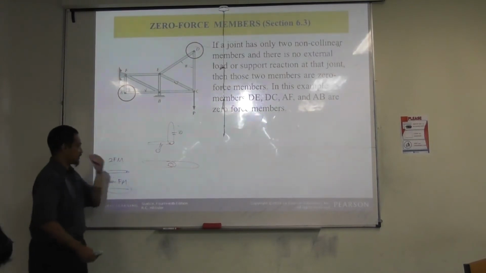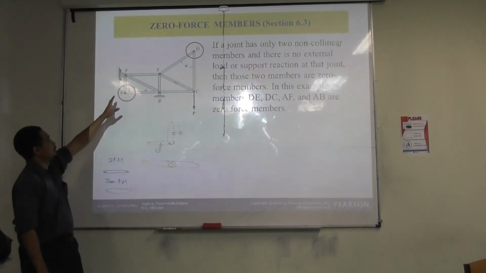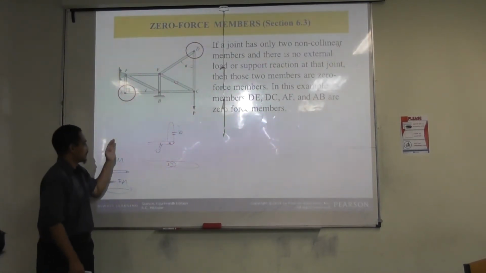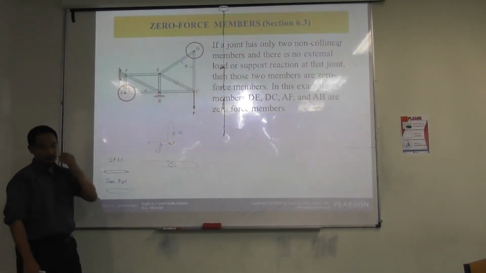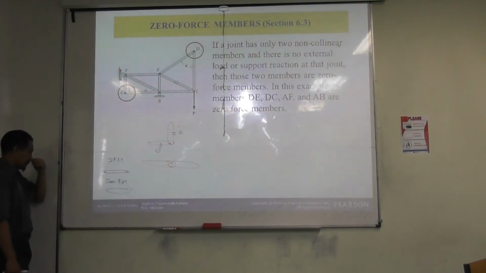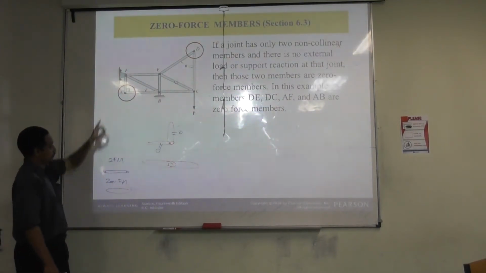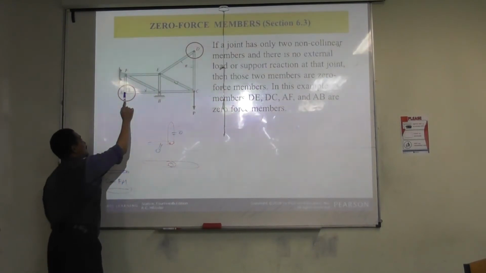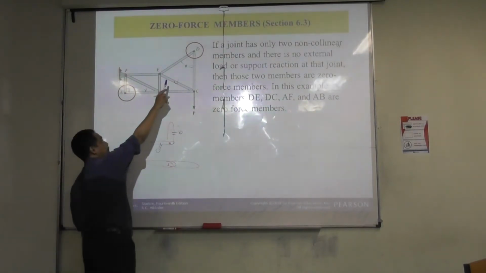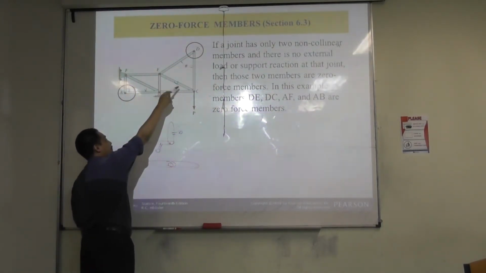Meaning straight away you can say, if the question says find the force in each member, before calculating, this is 0, this is 0, based on inspection. So in this case, you can detect two points. One is here, where there are two members, non-collinear, no external force, 0 and 0. Similarly at point D, two members, non-collinear, no external force, 0 and 0.